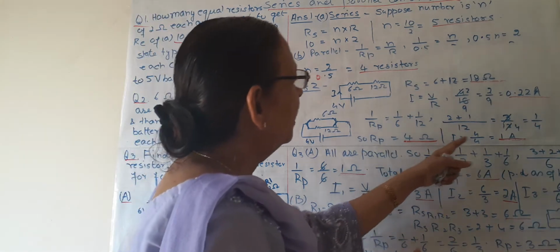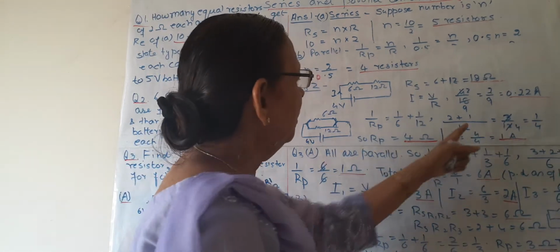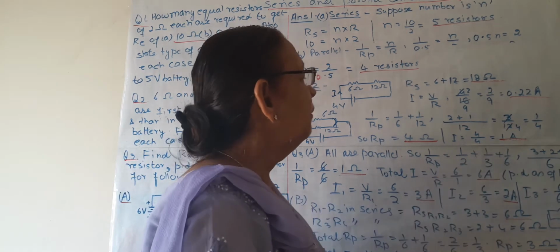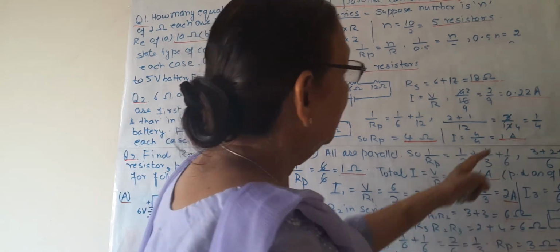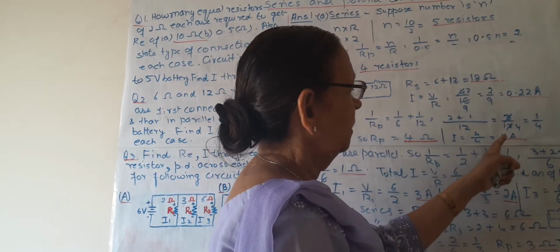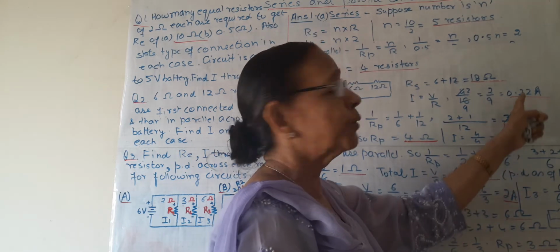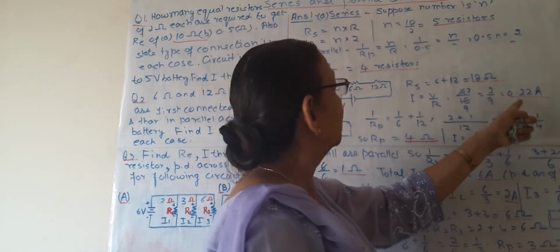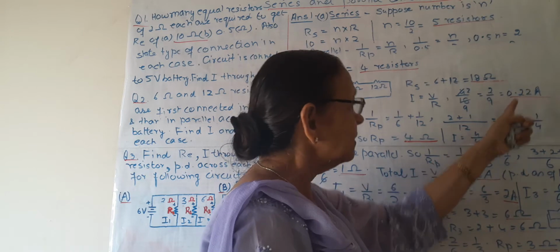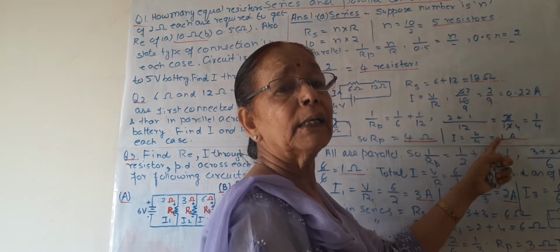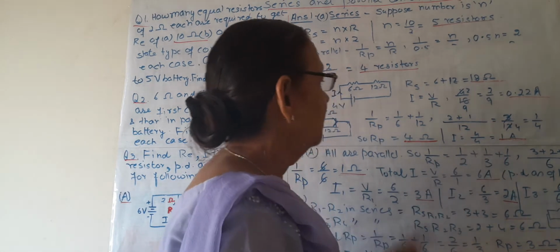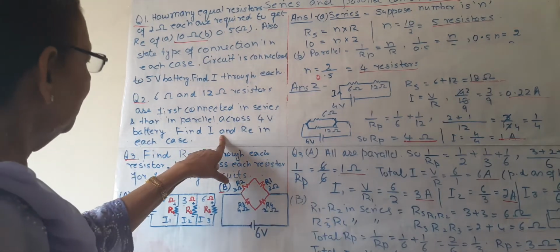I we can calculate. V is 4. 4 upon 4 is 1 ampere. So here the current is 5 times the series. In series the current is less, and in parallel the current is more. This is how we can calculate this numerical.